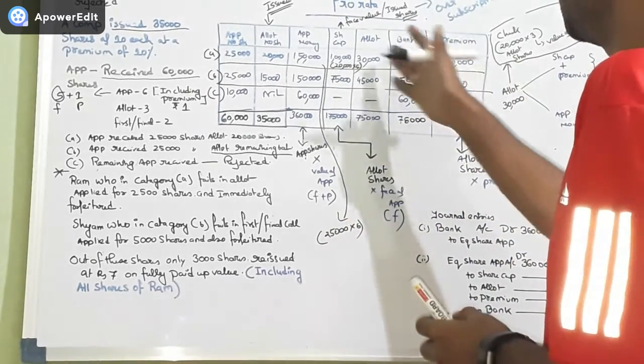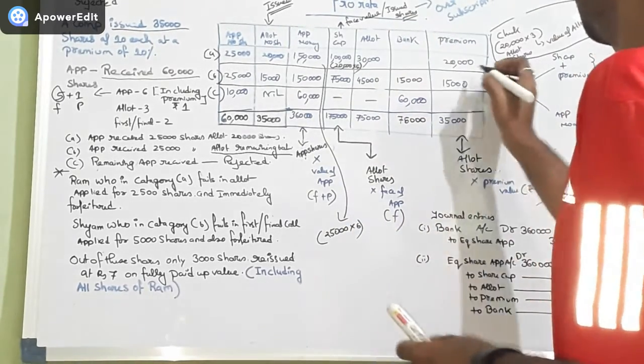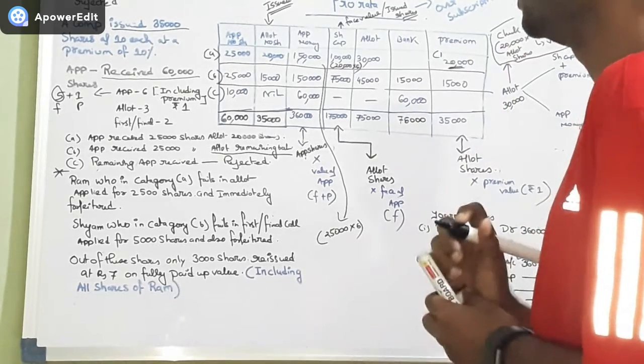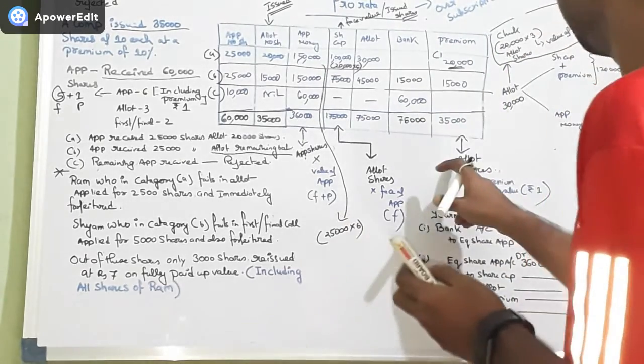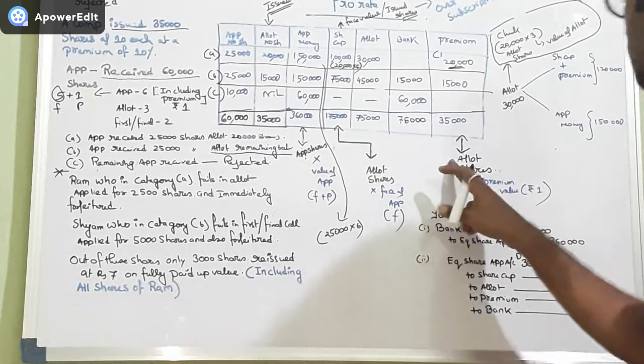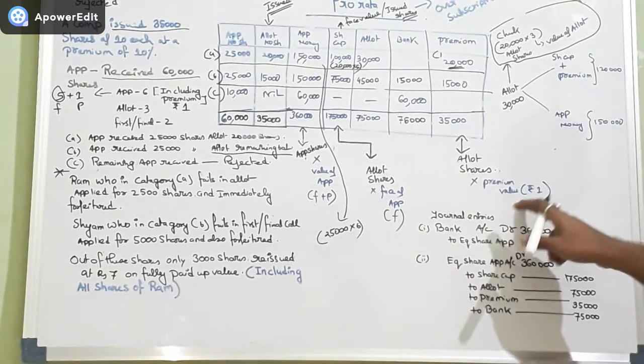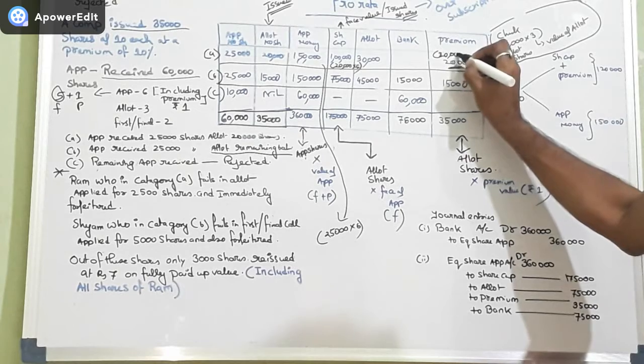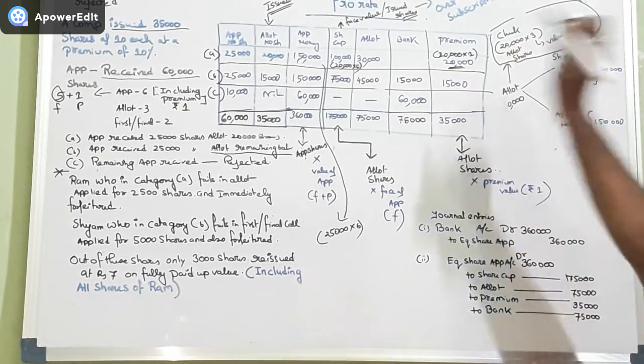We are skipping this area, then we will come to allotment. How much is the premium value? Here the premium value is 1 rupee. I have written allotted share; for the premium also, allotted share into premium value. So 20,000 into 1, we will get 20,000.